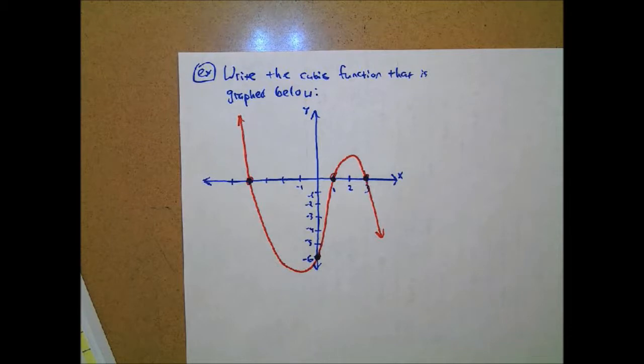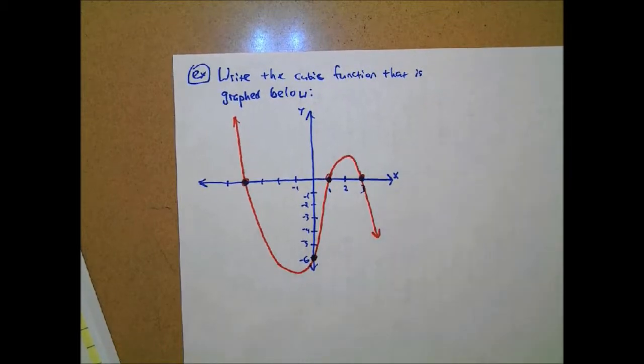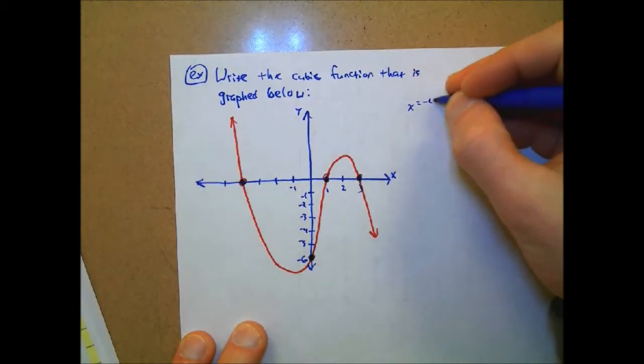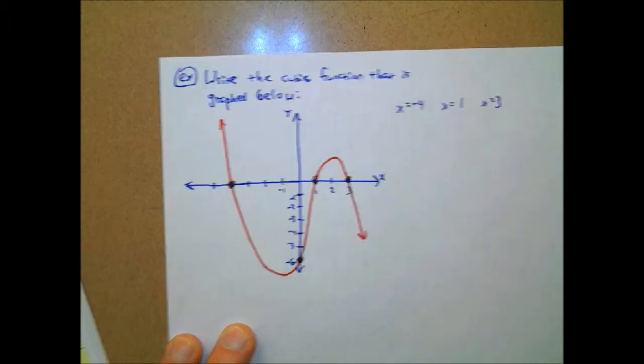What are the 3 zeros we have here? 3, 1, and negative 4. So x equals negative 4 is one of them, x equals 1, and x equals 3 is a zero.